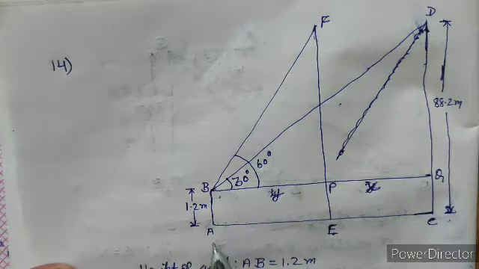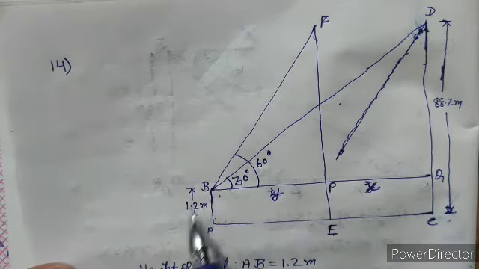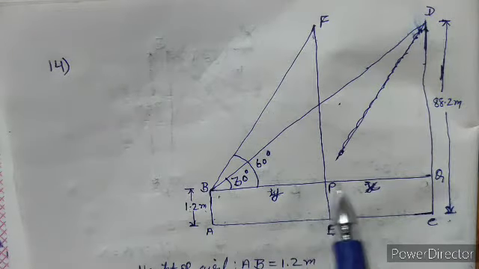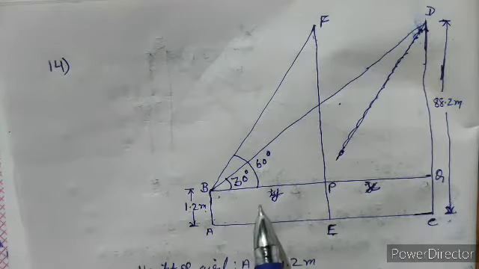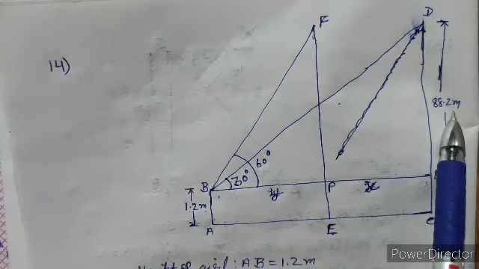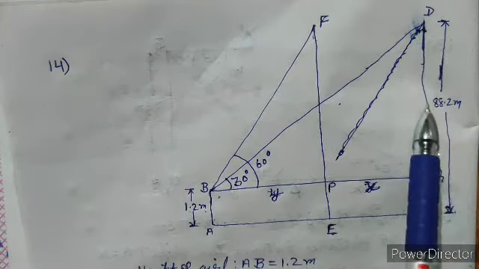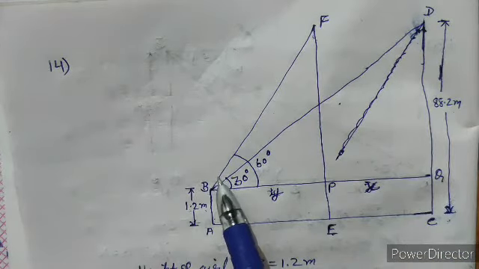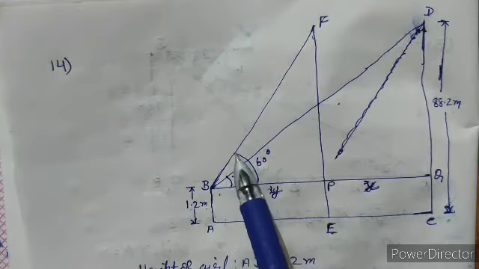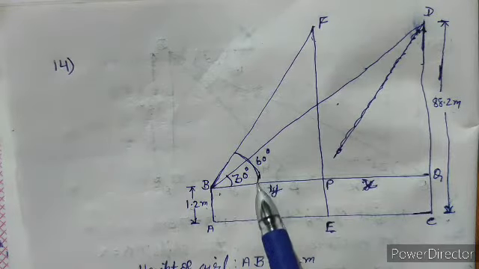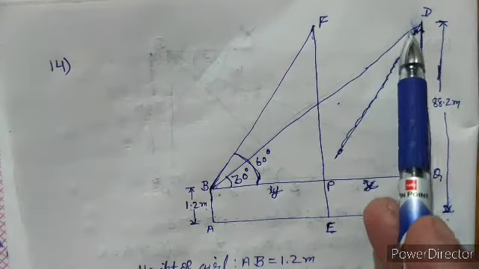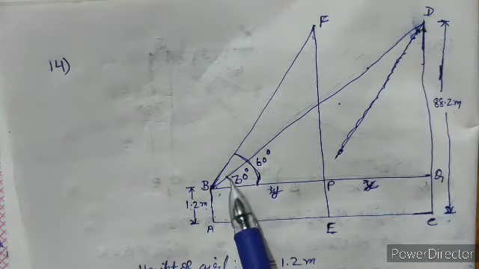Now suppose the height of the girl, that is AB here, is 1.2 meter and the height of the balloon, that is CD, is given to us as 88.2 meter. Now initially the angle of elevation of the balloon from the eyes of the girl was equal to 60 degree, and after some time the angle of elevation is 30 degree.